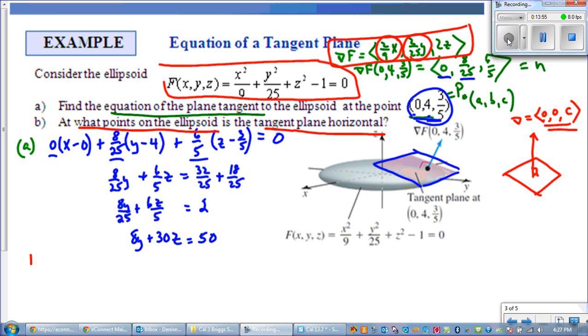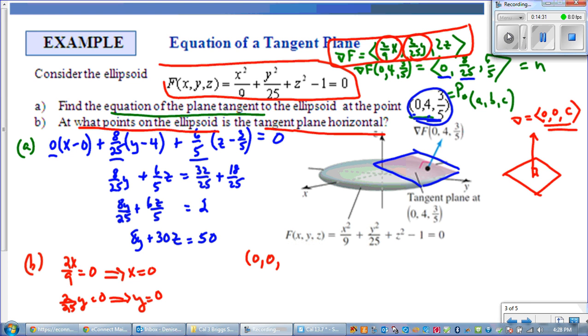So for the tangent plane to be horizontal, 2x over 9 is 0, which means that x is 0, and 2 over 25 times y must be 0, which means that the y value has to be 0. So the points on the ellipsoid where the tangent plane will be horizontal will be points of the form (0, 0, and some z value).